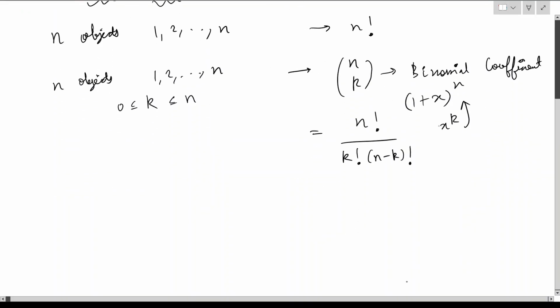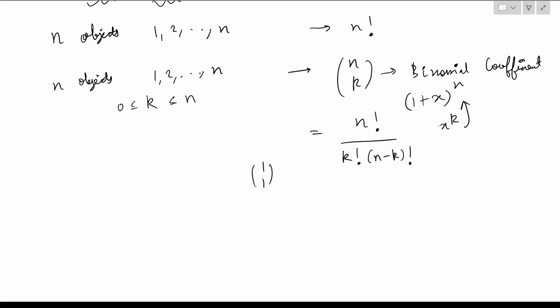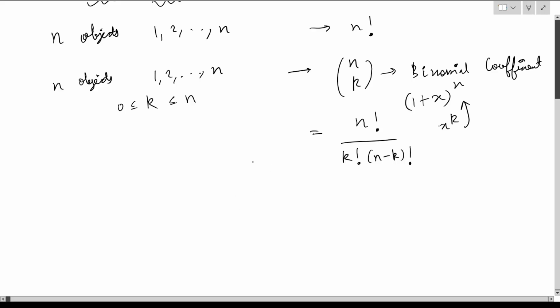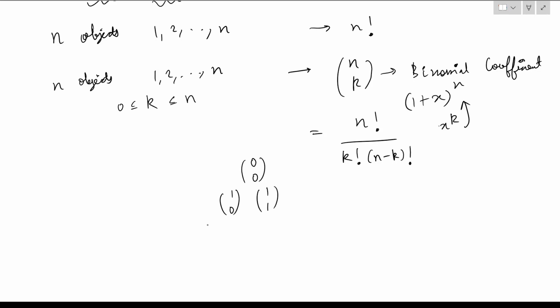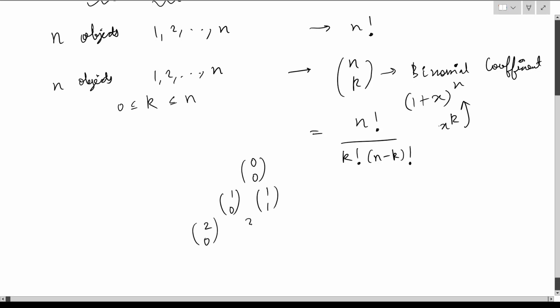this. This also leads to the Pascal triangle, which is basically like writing 0 choose 0 here, then we have 1 choose 0 and 1 choose 1, then we have 2 choose 0, 2 choose 1, 2 choose 2, and so on.